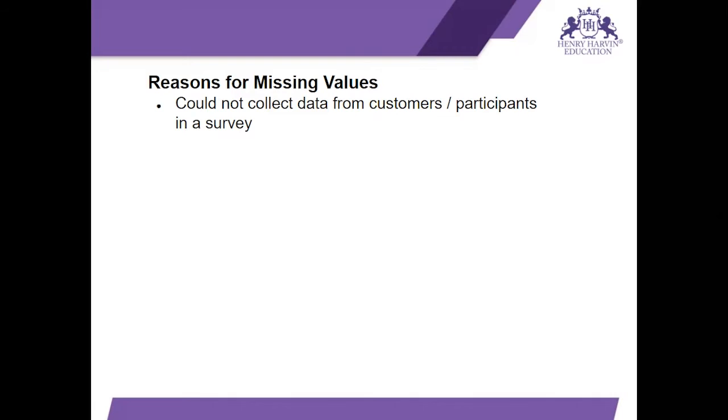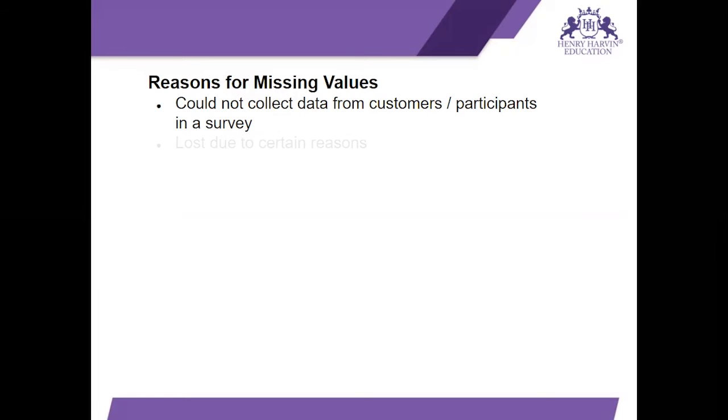Or it can be that the question you asked in the survey is not understandable by the participants, or the question is not legitimate and gives another meaning. So these are the reasons that you might get missing values in the data set.